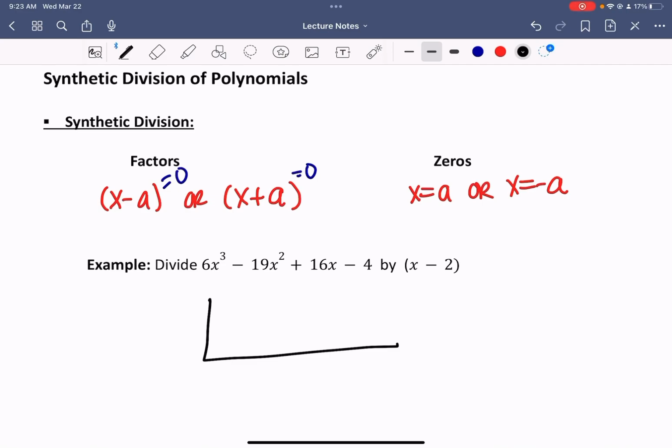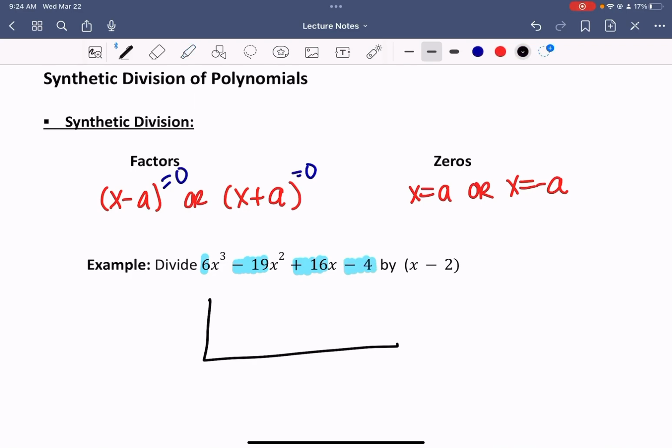Next, similar rules to long division, you do have to put them in descending order, but we're going to be kind of lazy with this process. We are going to only put in the coefficients. So I'm only going to use 6, negative 19, 16, and negative 4.